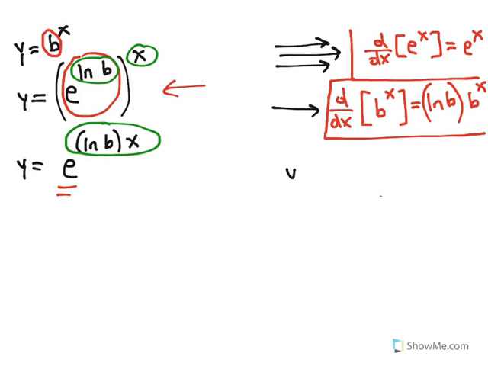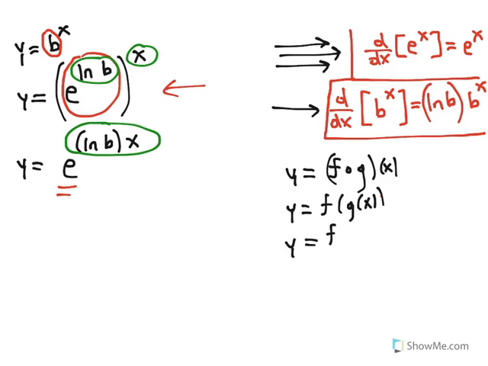So what you have is y is equal to f of g of x, where g of x is natural log of b times x, and f of x is the natural exponential function e to the x. So we have e to the natural log of b times x. So what you have is a composition of two functions here. So you can find the derivative by using the chain rule.